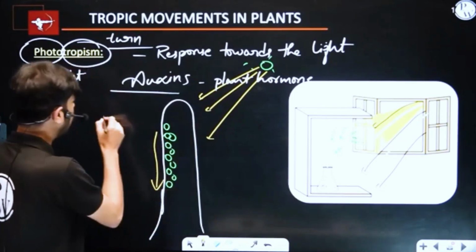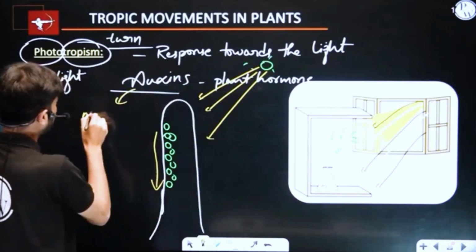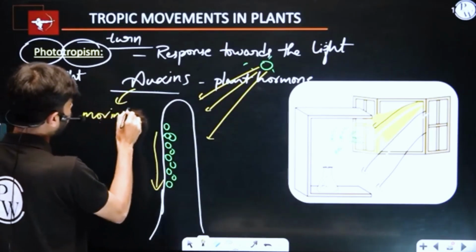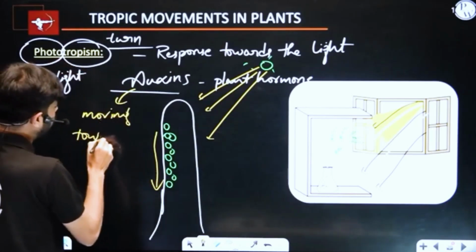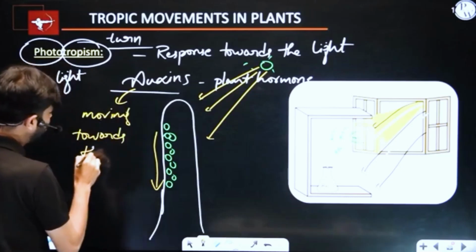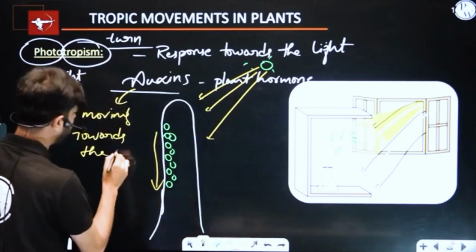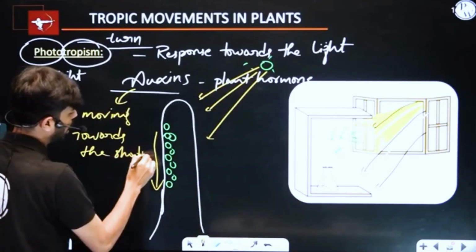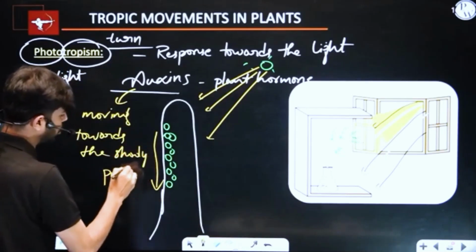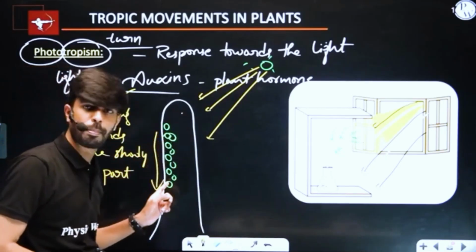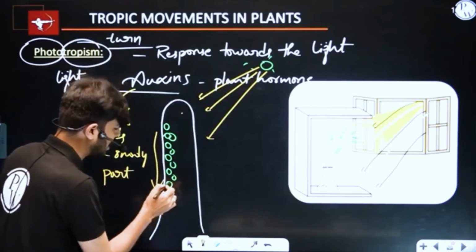Now auxins are moving towards the shady part of the plant. Once they move towards the shady part, that initiates cell division here.